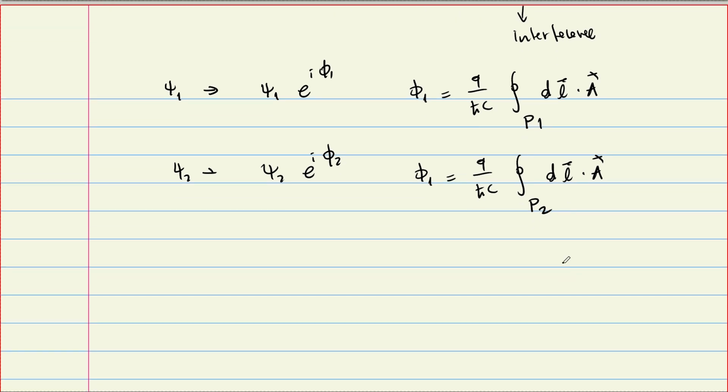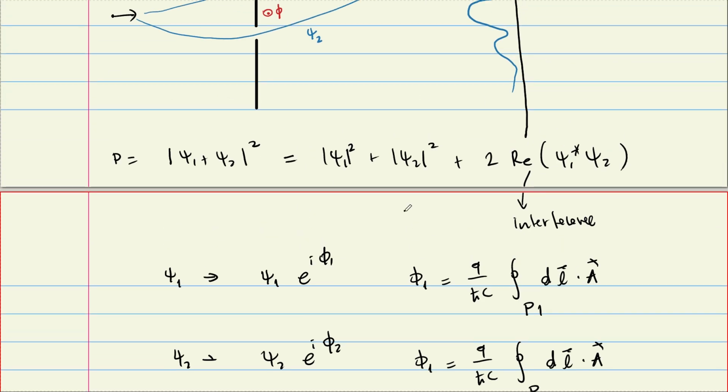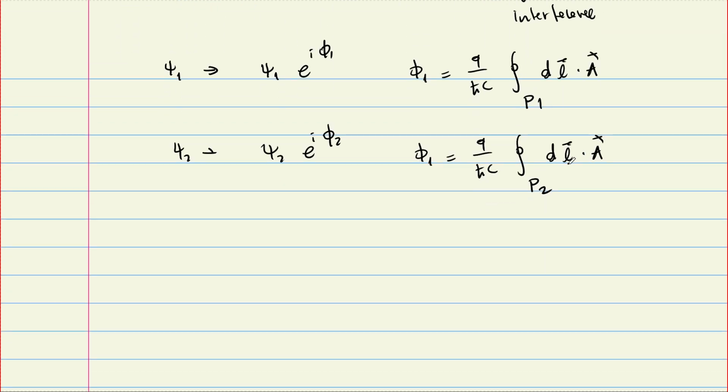Now we ask, this last term knows about the phase difference between the two paths, and we want to see how the total phase difference changes in the presence of the vector potential.